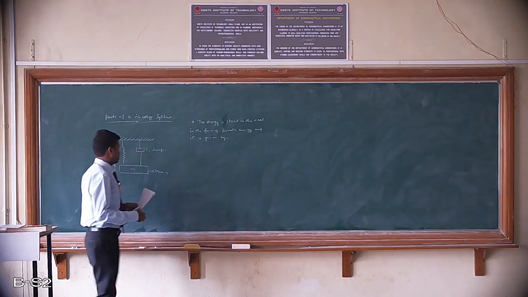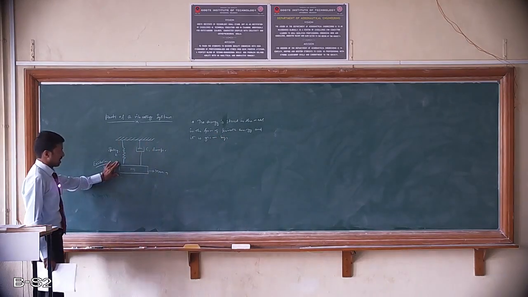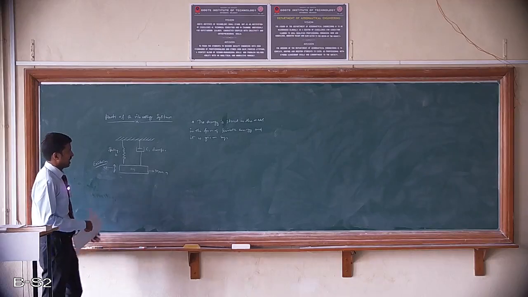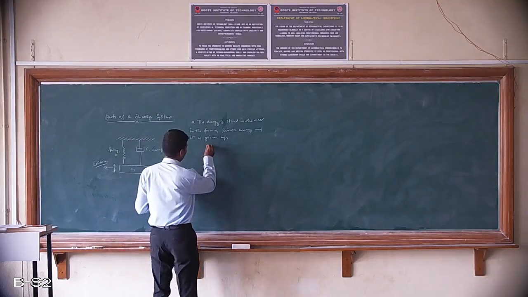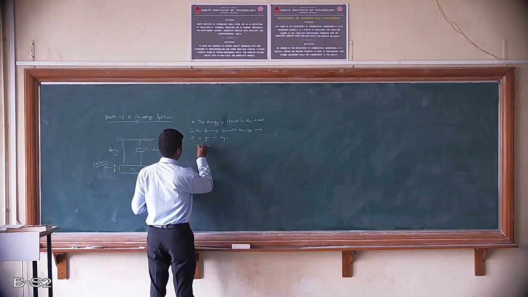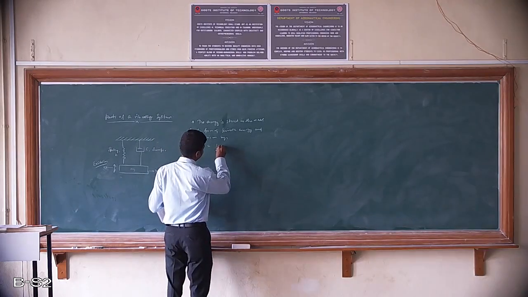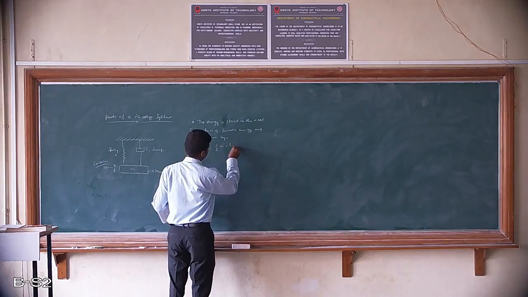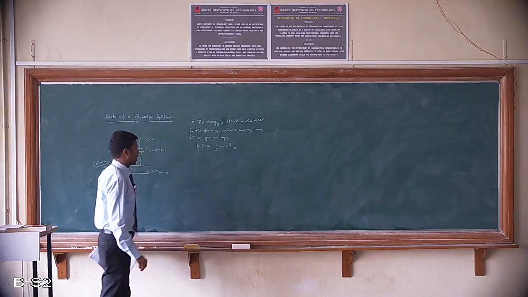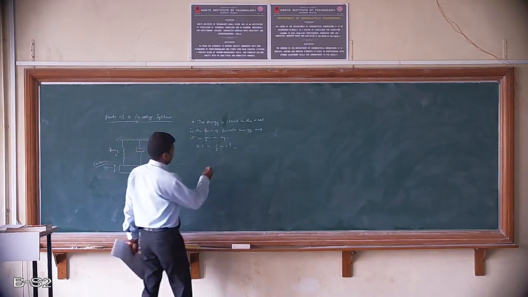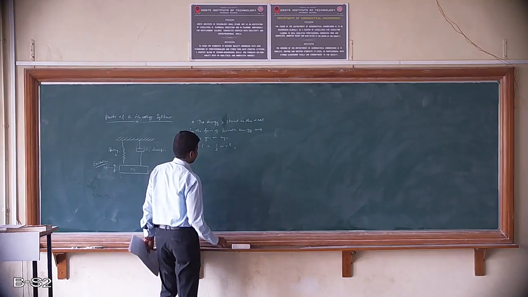The energy is stored in the mass in the form of kinetic energy, and it is given by the equation. You know the equation for kinetic energy is half into m v square. But here we are not going to represent it as v.